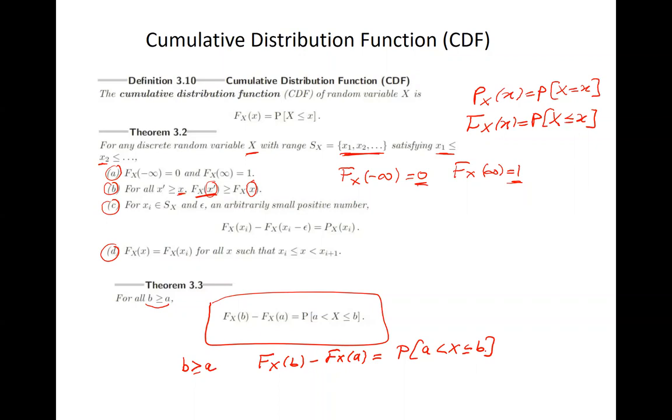So if we look at the probability of a random variable between two values, we can use the CDF at those values.